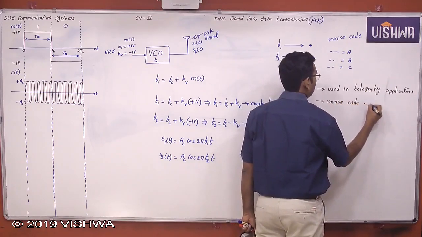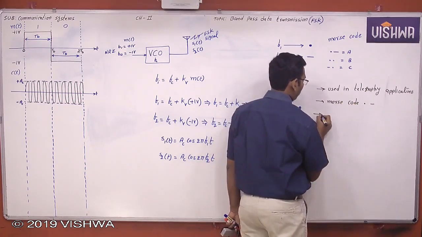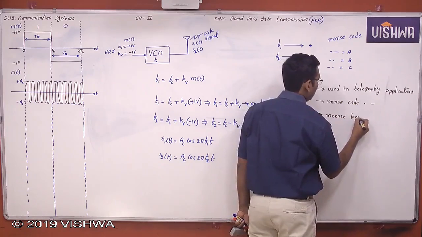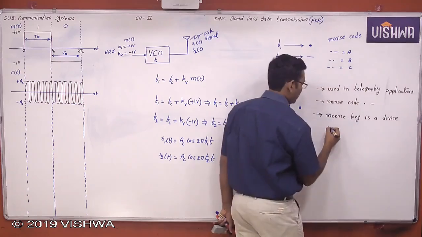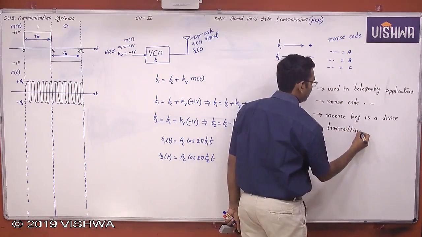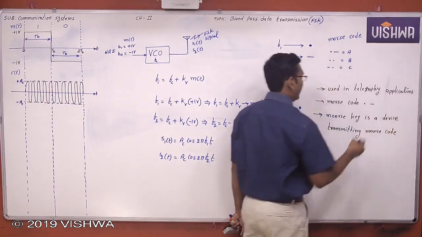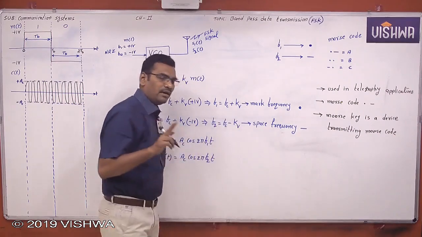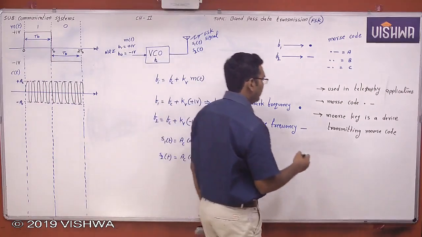This mark frequency and space frequency pattern is the Morse code. A Morse key is a device transmitting Morse code, which means it is shifting from F1 to F2. It is sending F1 and F2.